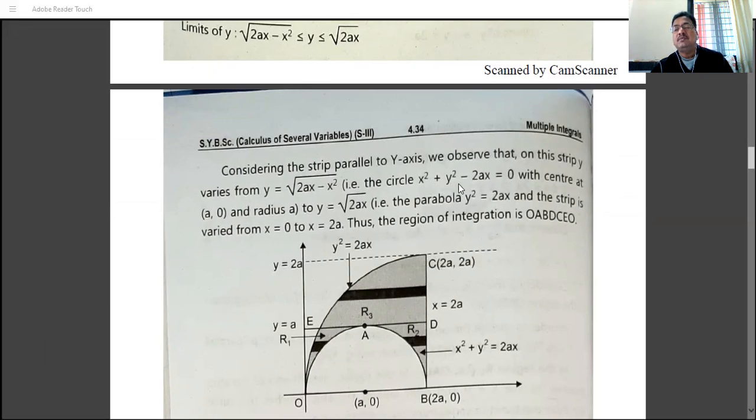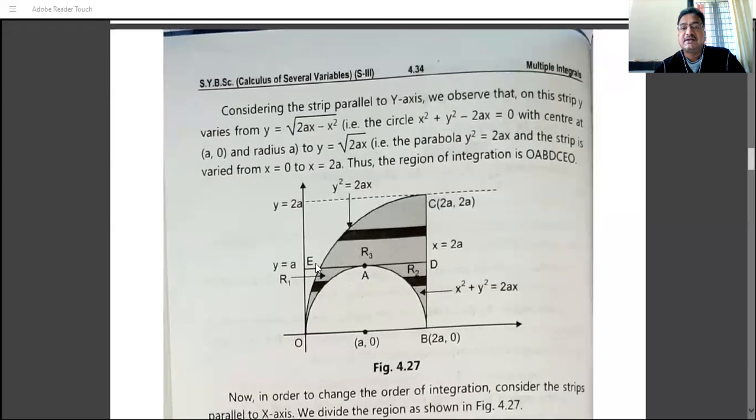The center is (minus g, minus f), so minus g is plus a, and f is 0. The radius is root of g square plus f square minus c, that is a square minus 0 minus 0, so a is the radius. So this is the equation of a circle with center (a, 0) and radius a.